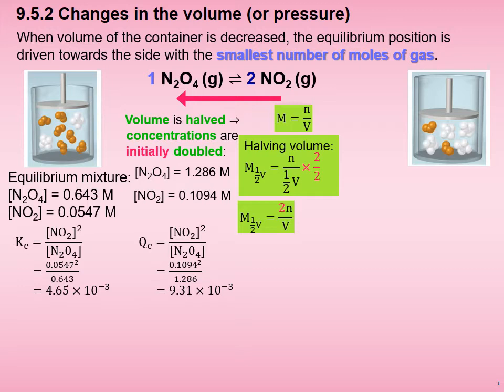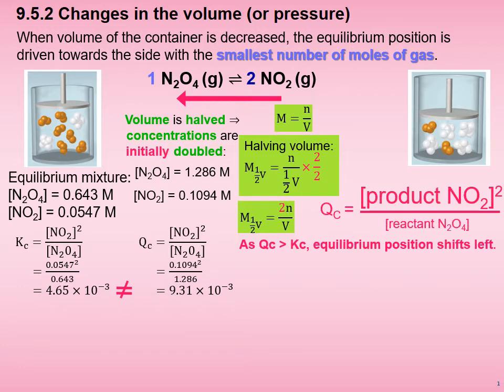Next, we compare this with the Kc value. 9.31 times 10 to the power of negative 3 is bigger than 4.65 times 10 to the power of negative 3. Qc is therefore bigger than Kc. A larger Qc means that the numerator, which contains product concentration information, is too big, and the denominator, which contains reactant concentration information, is too small.